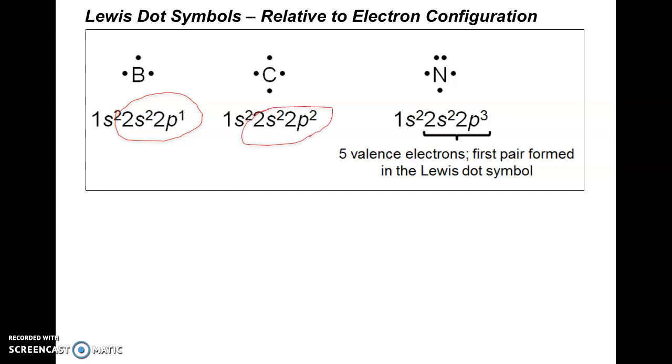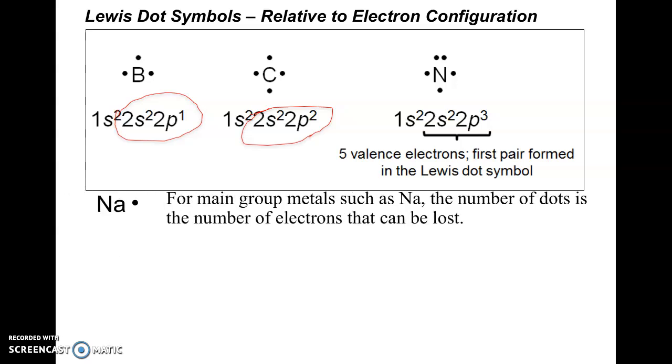Carbon has 4 valence electrons, 2 in the s and 2 in the p, so you get 4 dots around it, and we look at it as just having 4 sides. But when we get to nitrogen, there's an additional valence electron, 2s2, 2p3, which gives us 5 valence electrons. So this is the first time we form a pair of electron dots.